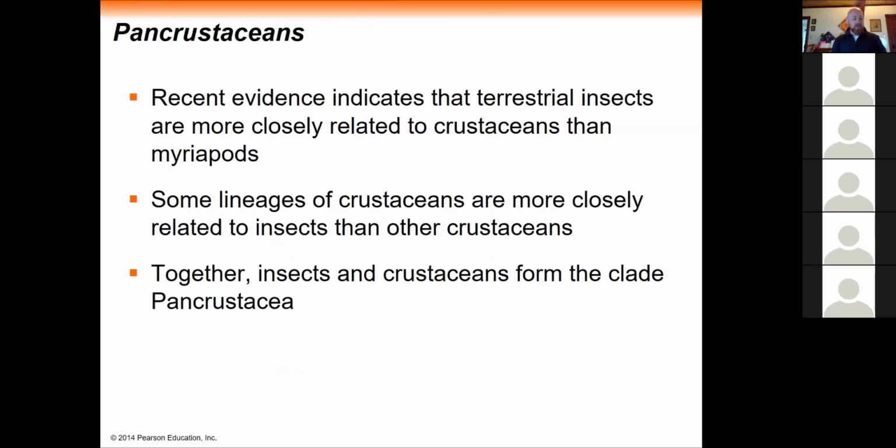Interestingly, there's some lineages of crustaceans, things called remipods, that are more closely related to insects than they are to things like crabs. So we have these weird connections of ocean and land-based things, where not all ocean-based things are more closely related to each other than they are to land-based things. So together, the insects and the crustaceans are pancrustacea.